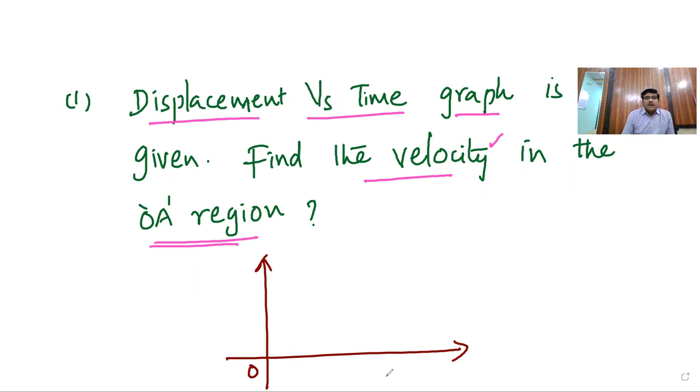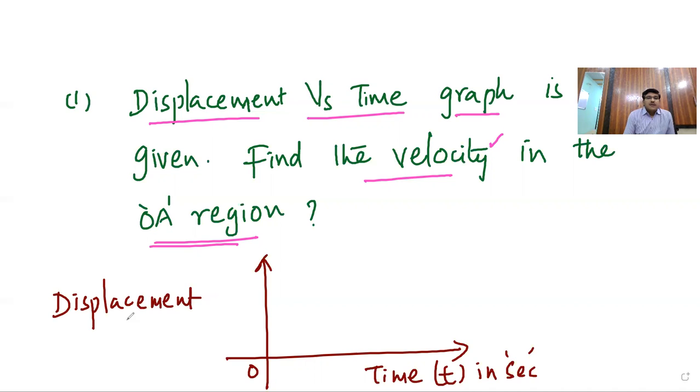On the x-axis, time t in seconds. On the y-axis, displacement in meters is given. The graph provided is this graph, the OA line. And observe these dotted points that are given.